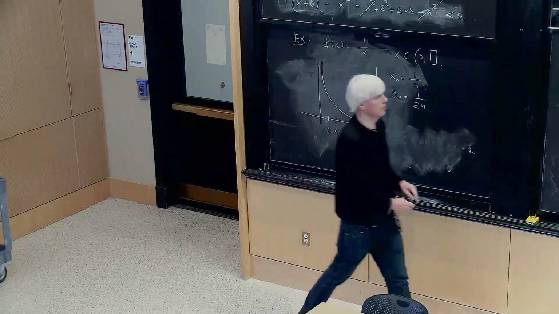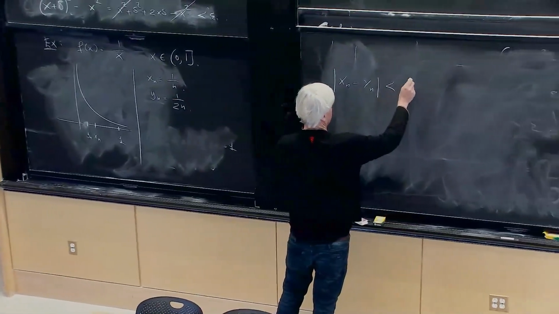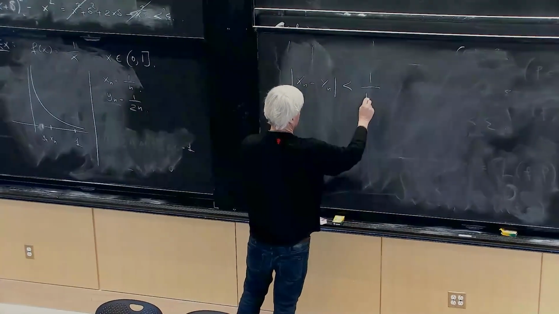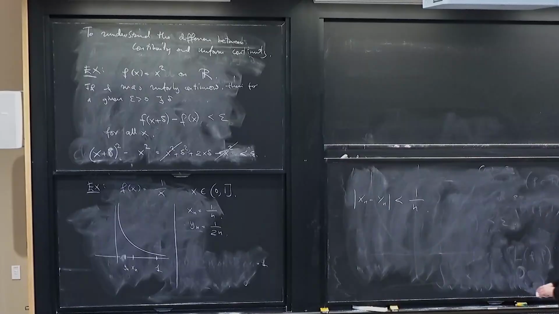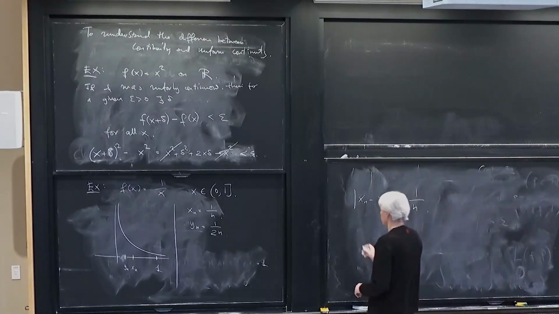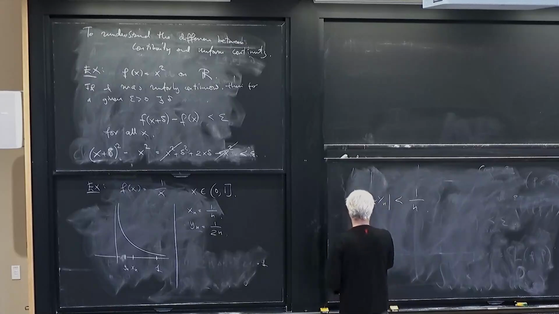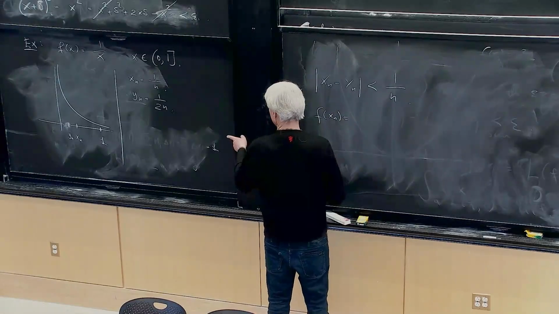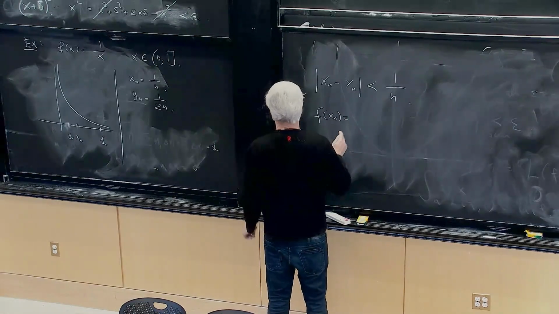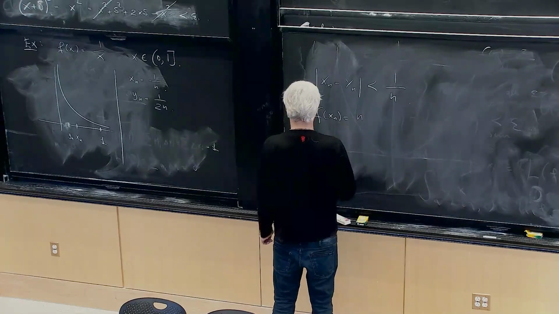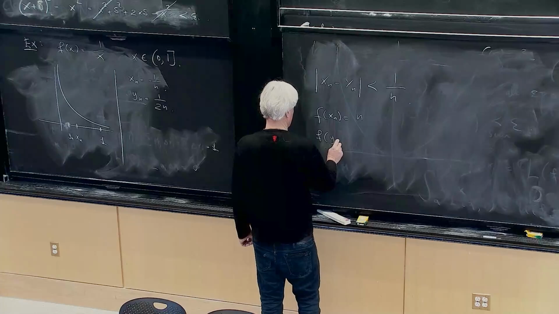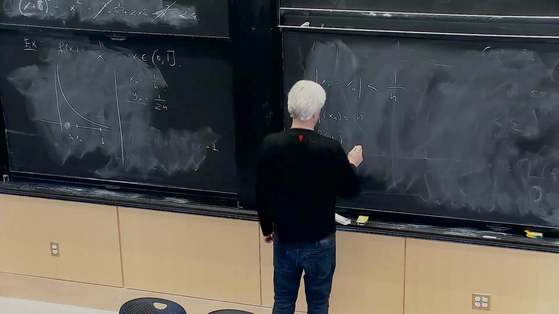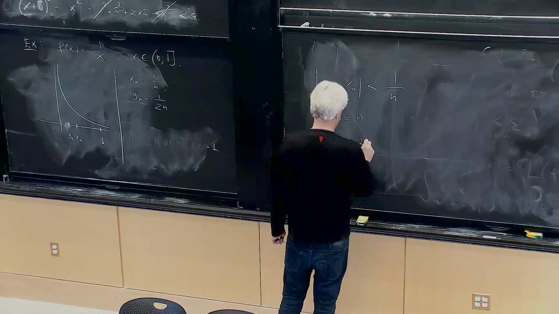Actually something much better, but this is smaller than 1 over n. And if you're now looking at the value of the function, f of xn is 1 over xn, so that's n, and f of yn is 1 over 2n, so this is 2n.